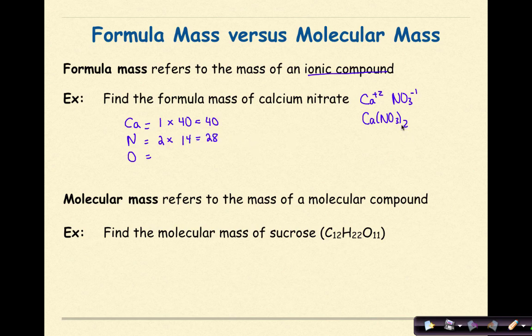And finally, oxygen, 2 times 3, that gives me 6, and 6 times 16 will give me 96. So when I add these three things together, 40, 28, and 96, I get a grand total of 164 grams per 1 mole. And that is a little review of how to find the formula mass of a compound.